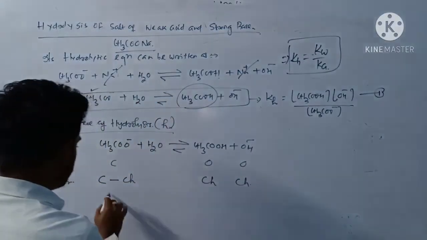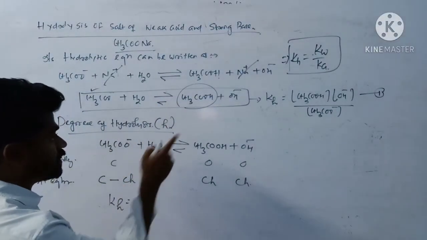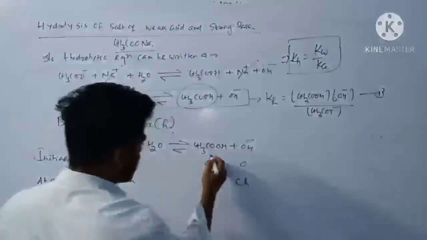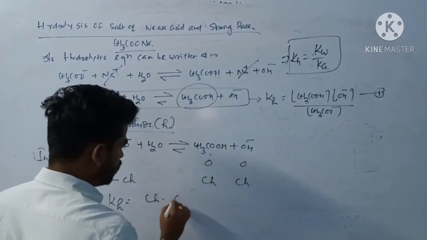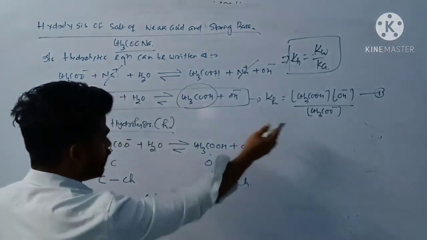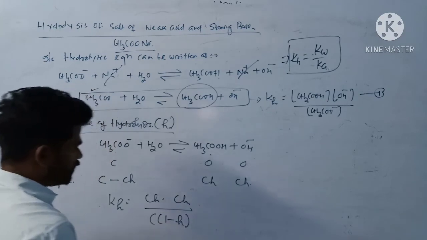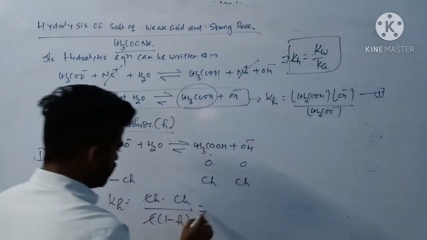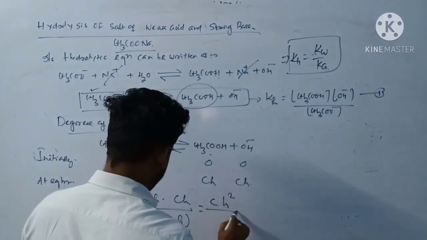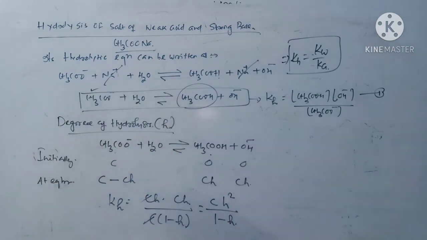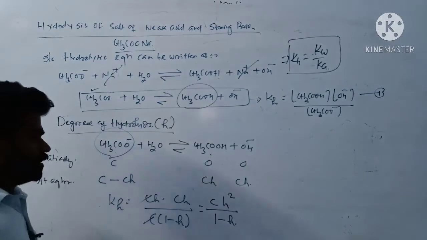Right, now the equilibrium constant KH, hydrolytic constant, that is the concentration of acetate ion, that is Ch into Ch of OH minus upon CH3COOH, that will be C into 1 minus h. So C, C get cancelled, that will be Ch square upon 1 minus h. Since I am considering the weakest component, that means h is very less than 1.